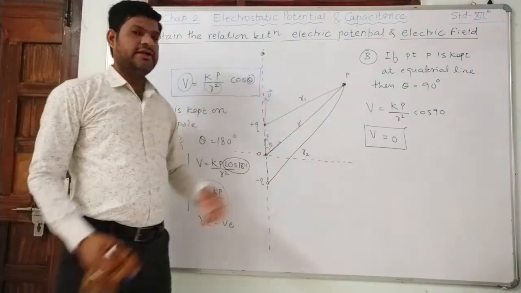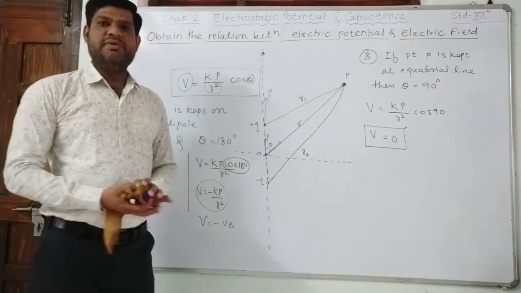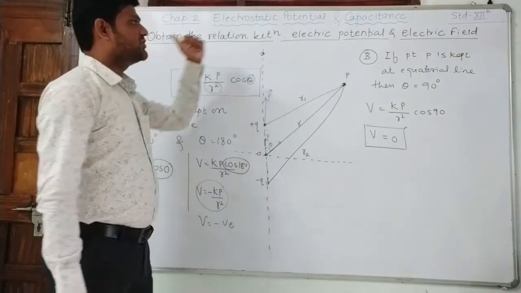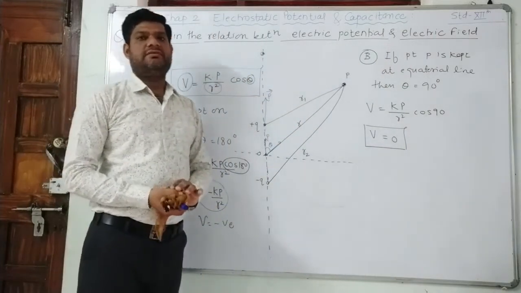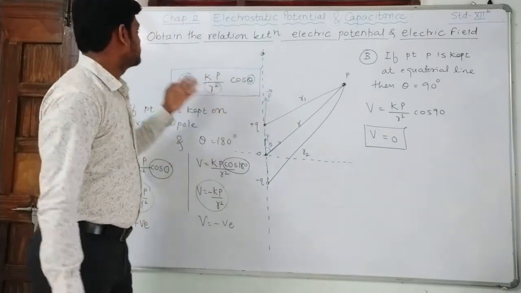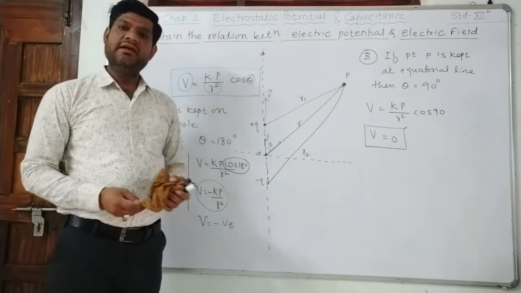Now we are going to see our next topic, that is the relation between electric potential and electric field. A question may come on this topic like this: obtain the relation between electric potential and electric field.